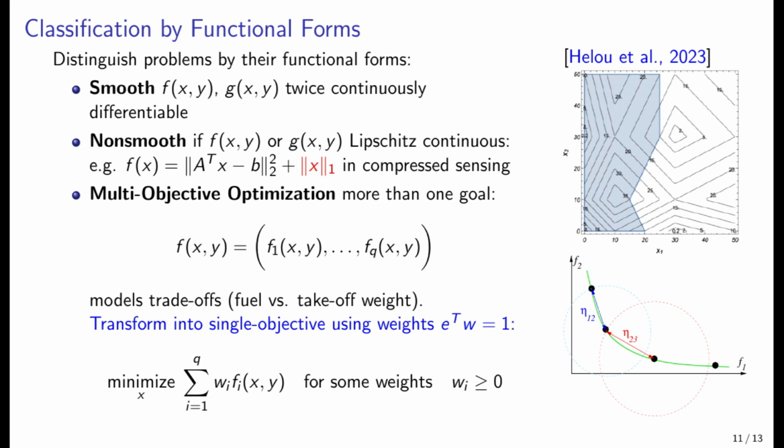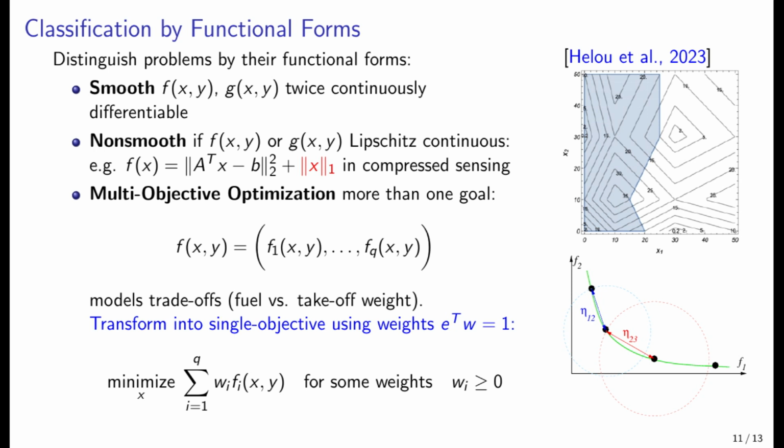And those are typically modeled, or one way of modeling them is to rewrite these multi-objective problems by summing up these different objectives into a single objective and then minimizing over a convex combination or a linear combination of these objective functions. So I can always transform it by just giving a weight to each of the objectives, and that is basically chosen by the modeler often to say how much emphasis do you place on each objective.